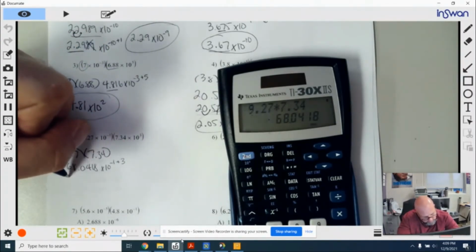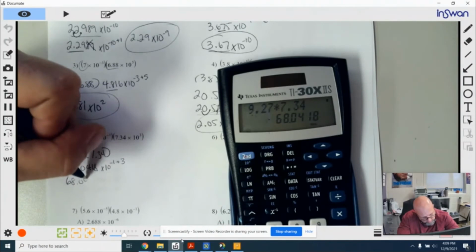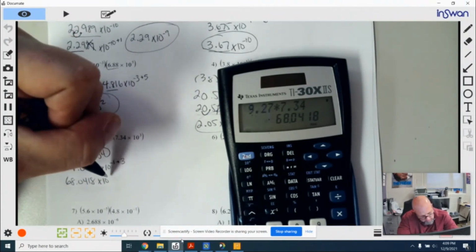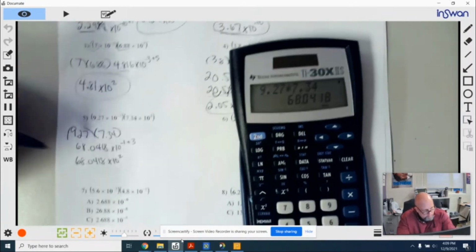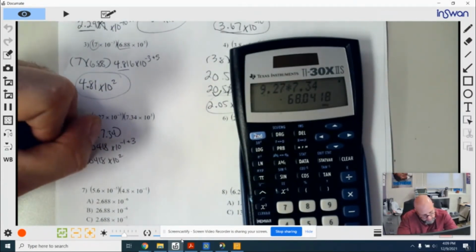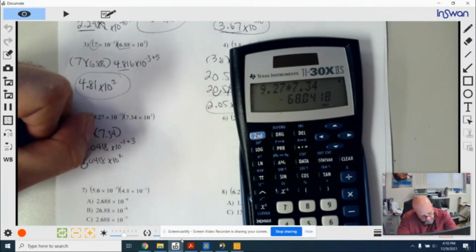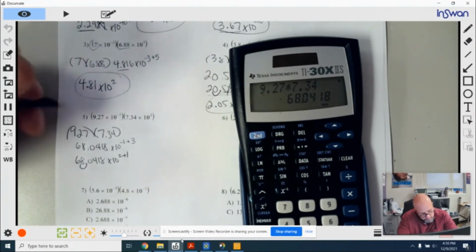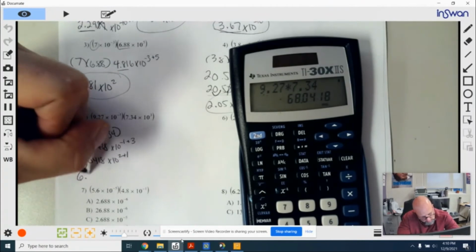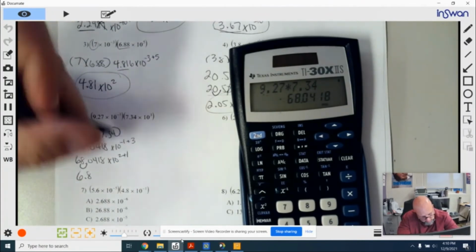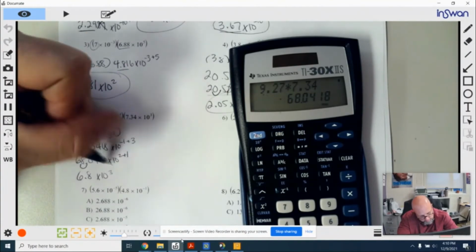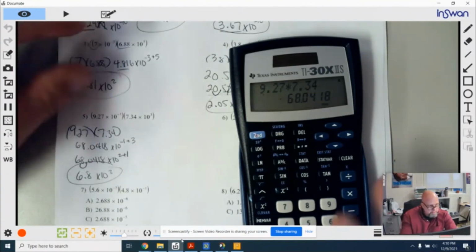Okay, so I'm going to go ahead and say 68.0418 times 10, negative 1 plus 3 is 2. All right, this number is too large, so this decimal has to be adjusted. It's got to be moved back 1, which means I add 1 to that exponent. So I'm just going to say 6.80, or just 6.8 times 10, 2 plus 1 is 3. So 6.8 times 10 to the third power.